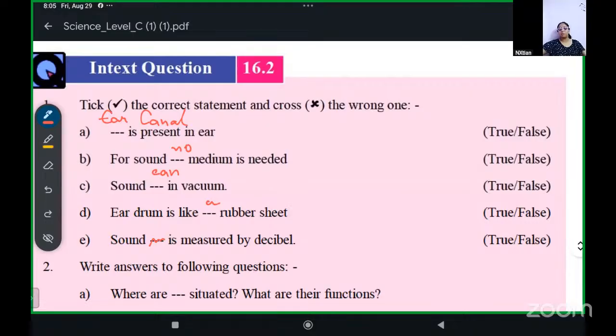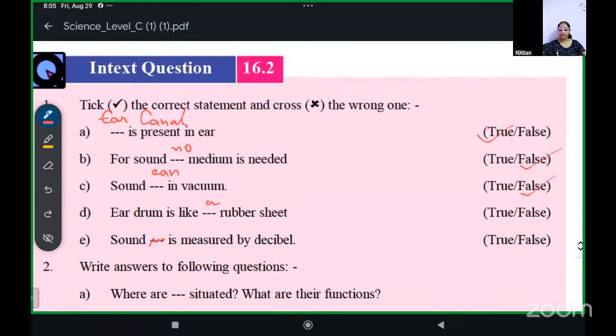Okay. Now tell me. Ear canal is present in the ear. True, ma'am. For sound, no medium is needed. False. Sound can travel in vacuum. False.